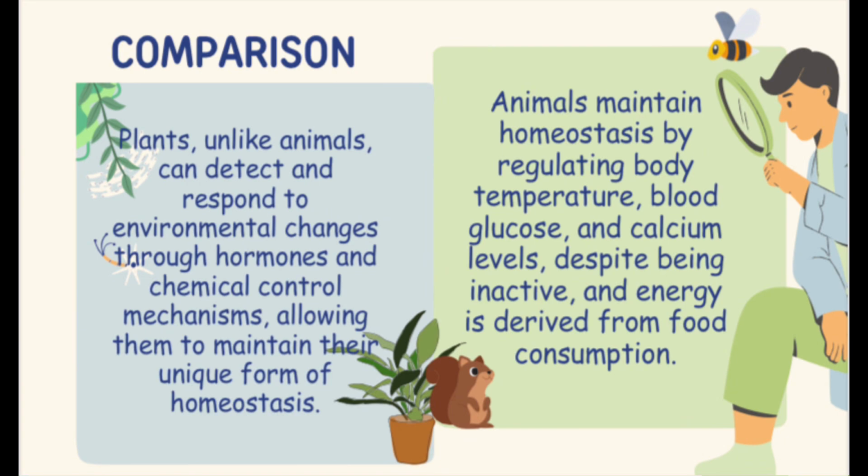Plants, unlike animals, maintain homeostasis through unique mechanisms, relying on hormones and chemical control systems to detect and respond to environmental changes. Here's a detailed explanation.